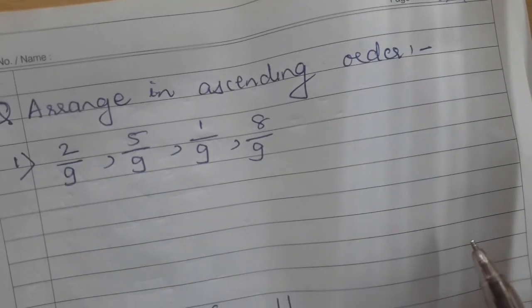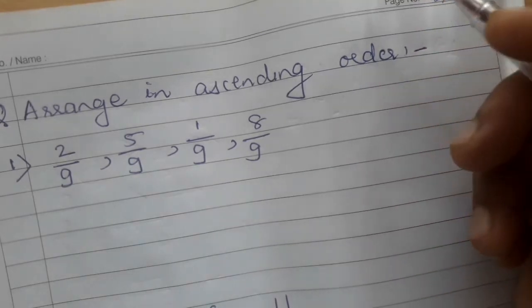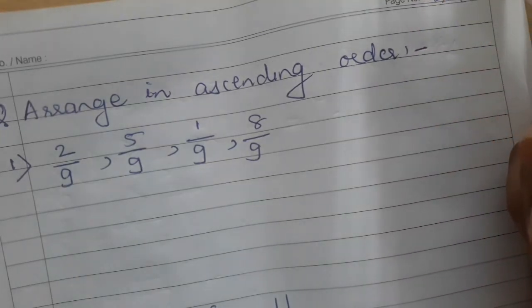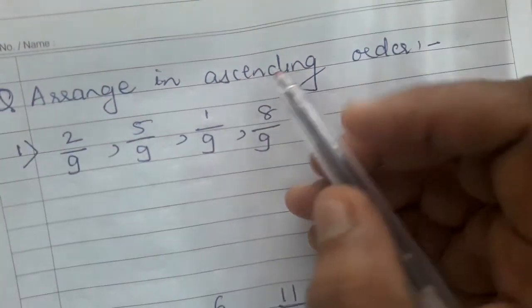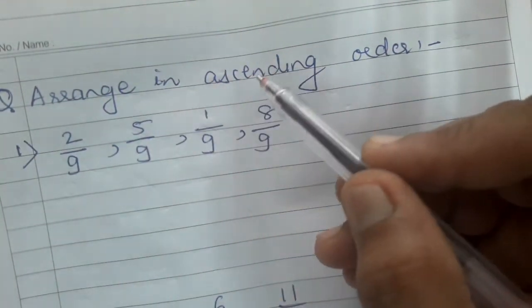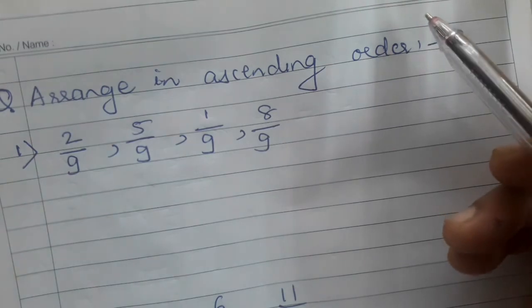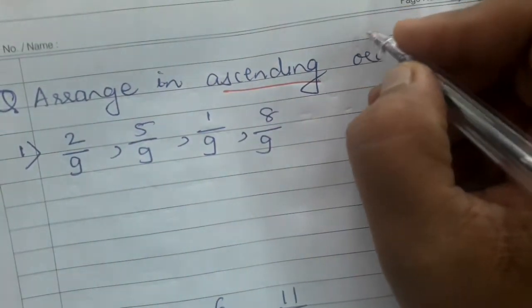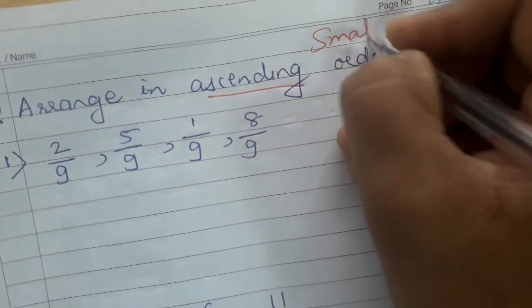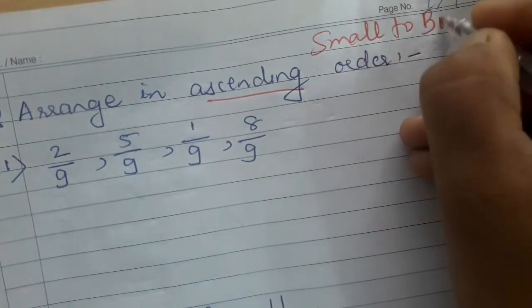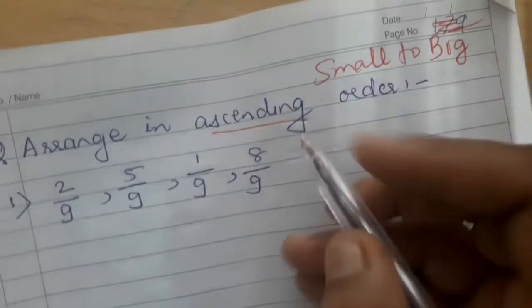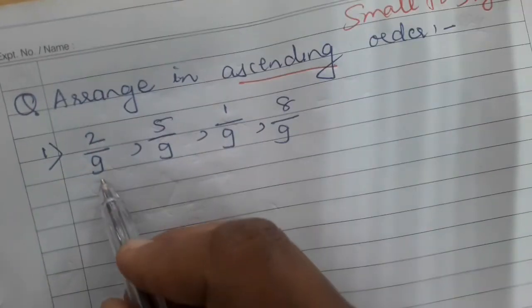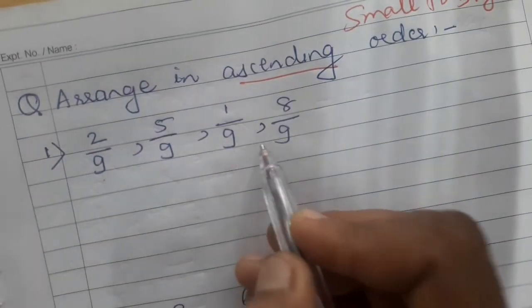Let us continue. When you are asked for short answers, you may have a question like this: arrange the numbers or fractions in ascending order. Ascending order means small to big. Now you can see here the denominators are equal.